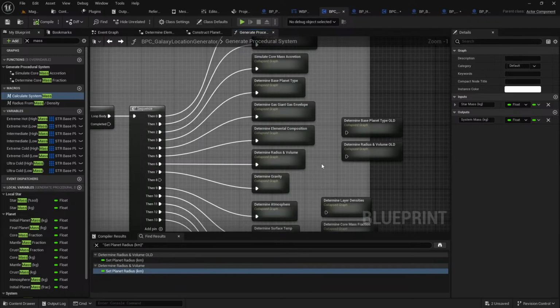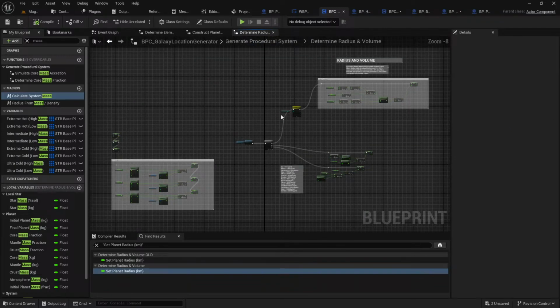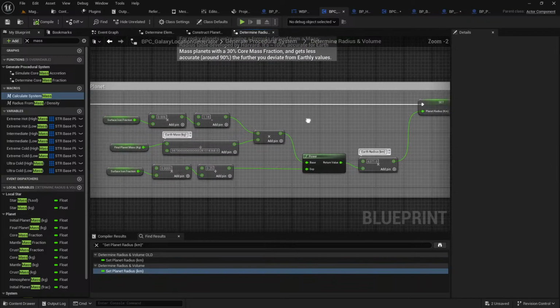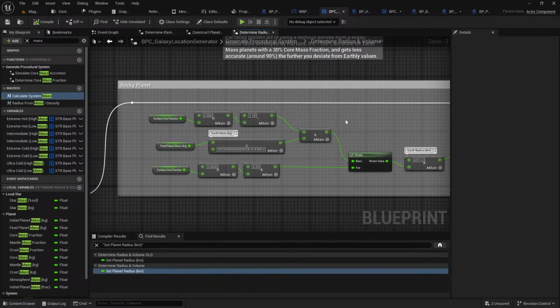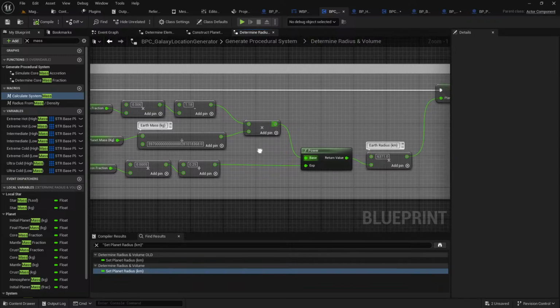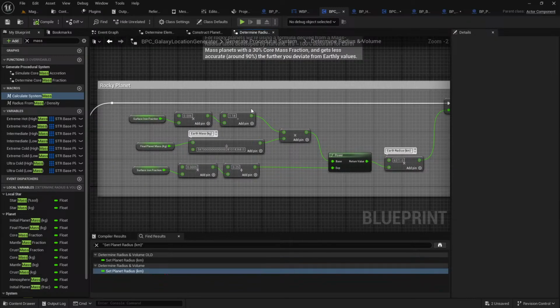And then the very next step after that, we are working out the radius. Again, we have our mass, and we're dividing that by Earth masses because this is the way that the table's been organized.